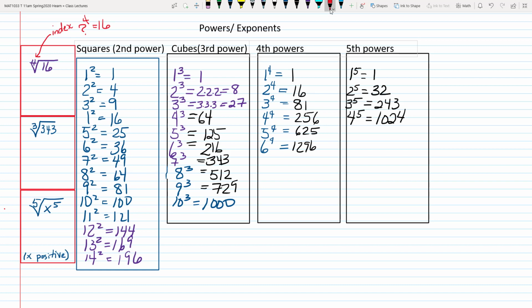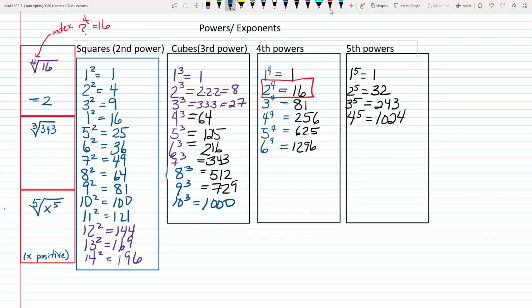16? And one way to solve that problem is to just think about powers of 4. 1 to the fourth is 1, 2 to the fourth is 16. So what number raised to the fourth power gives us 16? Well, that would be the number 2.